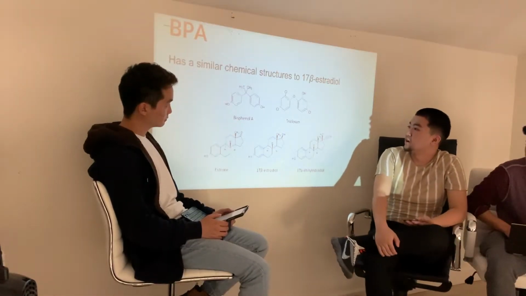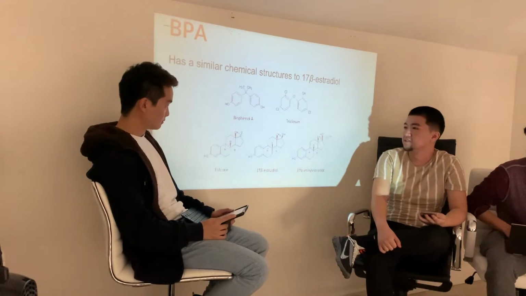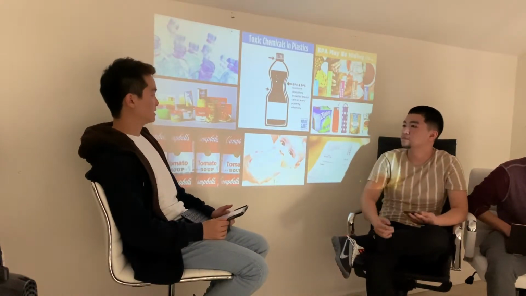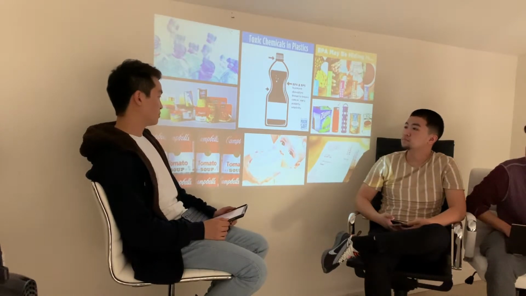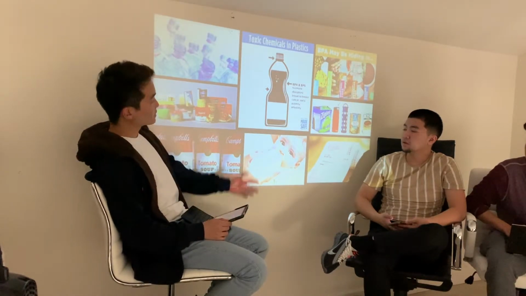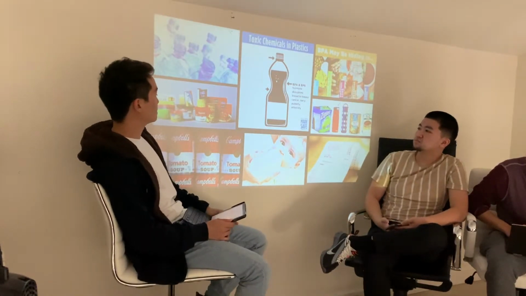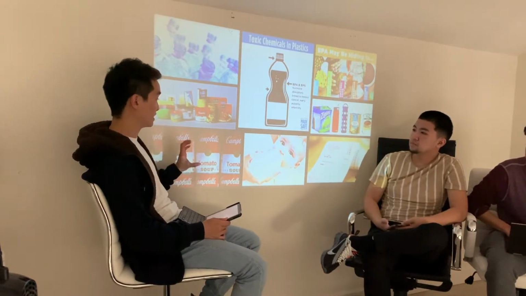So my next question is, how prevalent is BPA in our environment and in our products? Mm-hmm. So there was a study by the FDA done a few years ago stating that at least 90% of the population of the United States has detectable BPA levels in urine samples. Here's a bunch of different products that we find BPA in, such as food and beverage processing and storage.